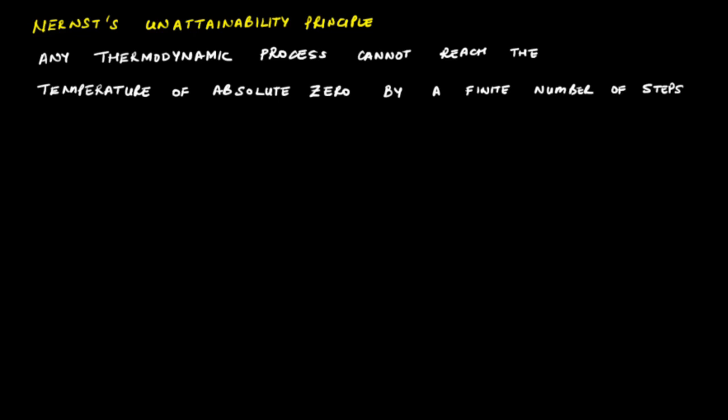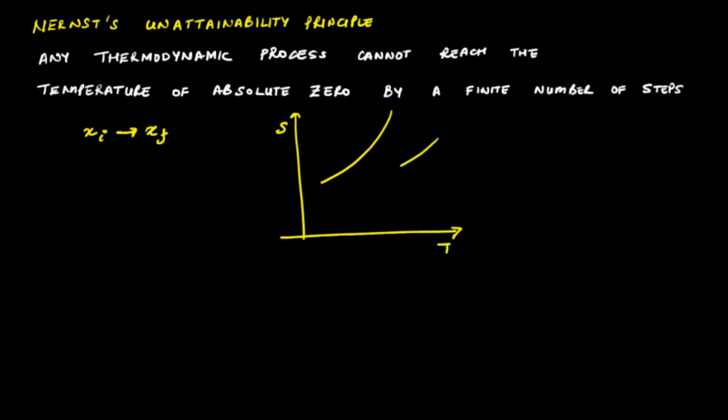To rationalize this statement, consider that we have a system that is cooled by varying some independent thermodynamic variable x from the initial state, let's say xi, to the final state xf. So let's say we plot entropy versus temperature, and we plot the lines for constant x. So here x is equal to xf and here x is equal to xi.